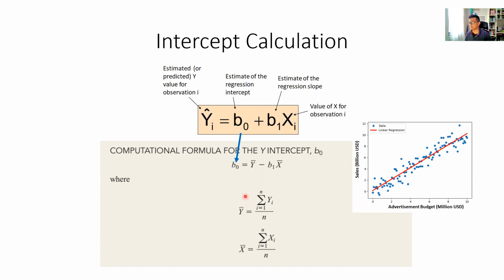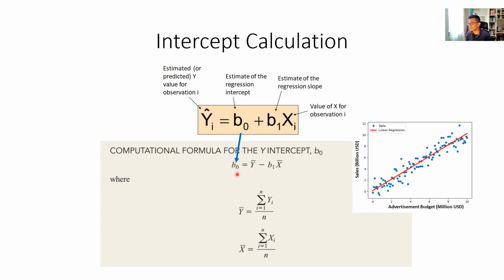Because y is equal to an intercept, which is b null, plus b1 x1. Then if we switch the b null and the y, b null equals the y bar minus b1 multiplied by x bar.